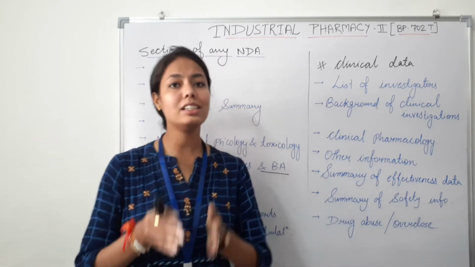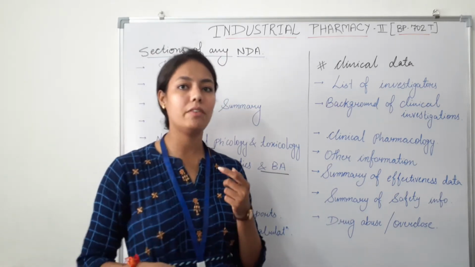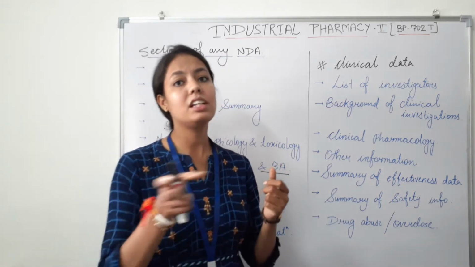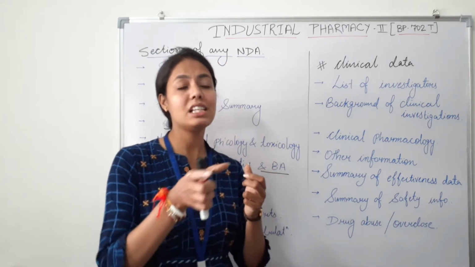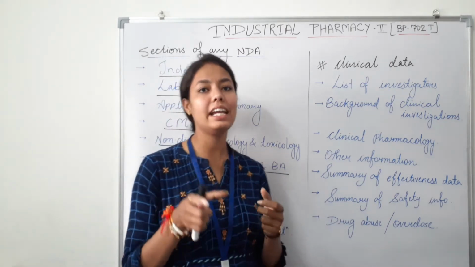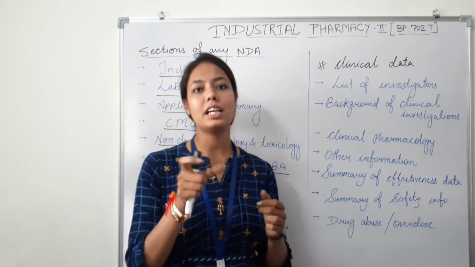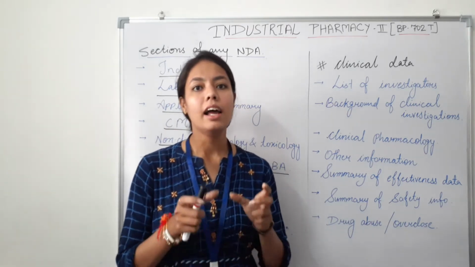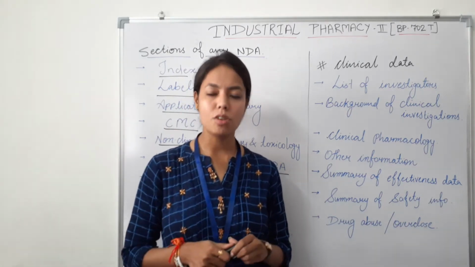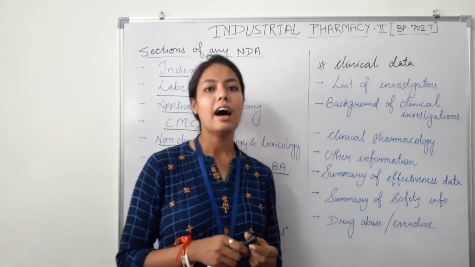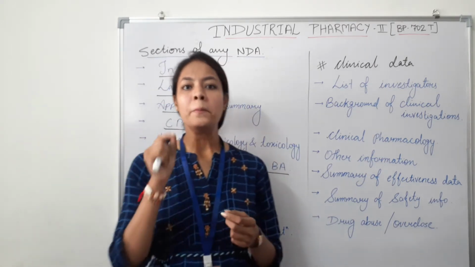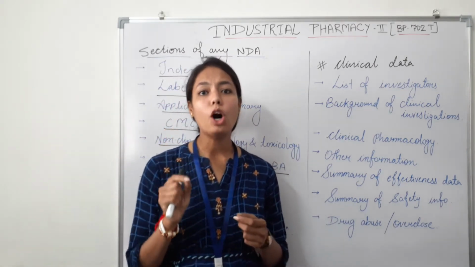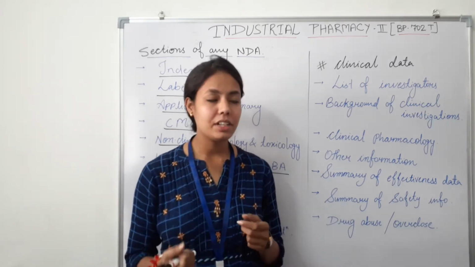So all this information regarding the list of investigators and previously filed INDs or NDAs should be discussed in this section, which is called the list of investigators, list of INDs or NDAs.